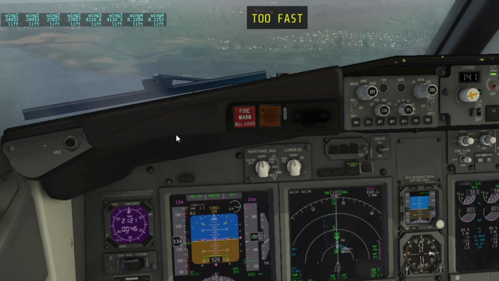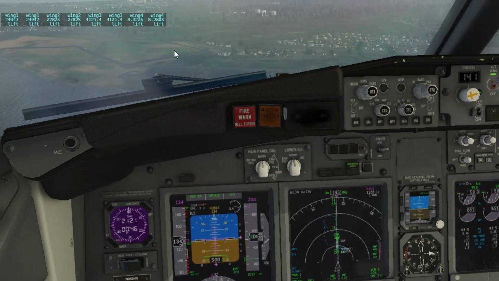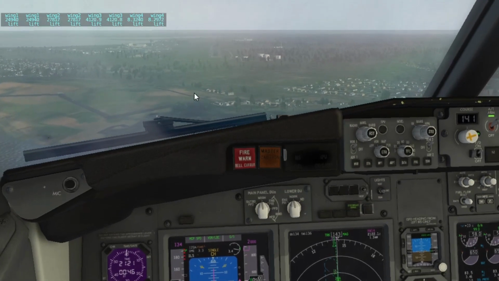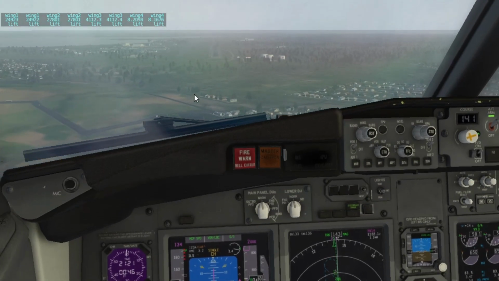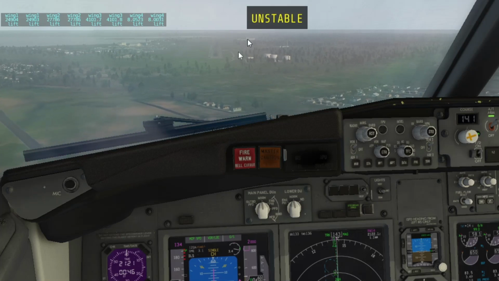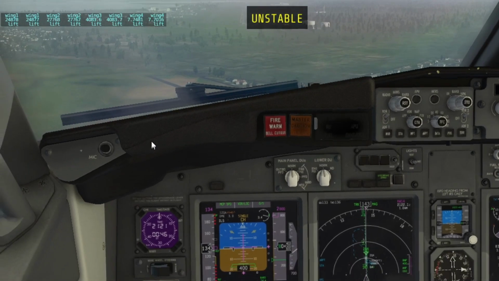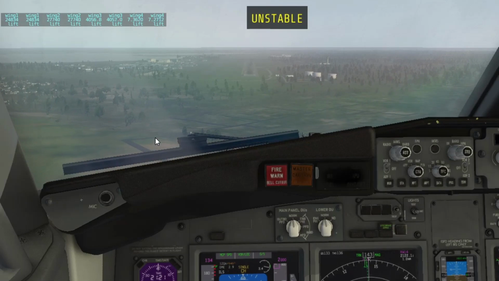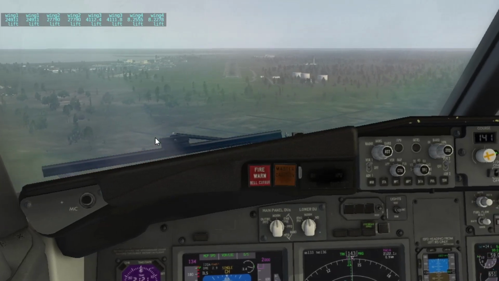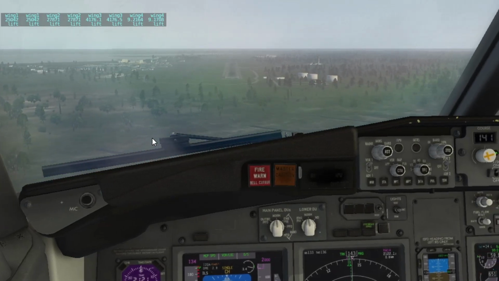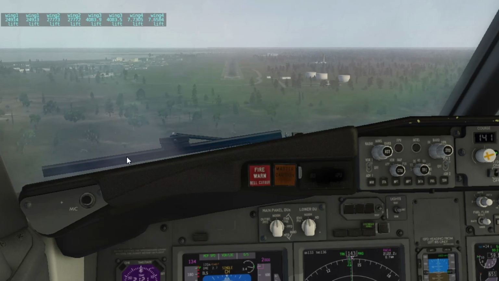All right. 500 stable. Unstable. Unstable. Disregard that. 400. 300. All right, here we go. Approaching minimums checked.